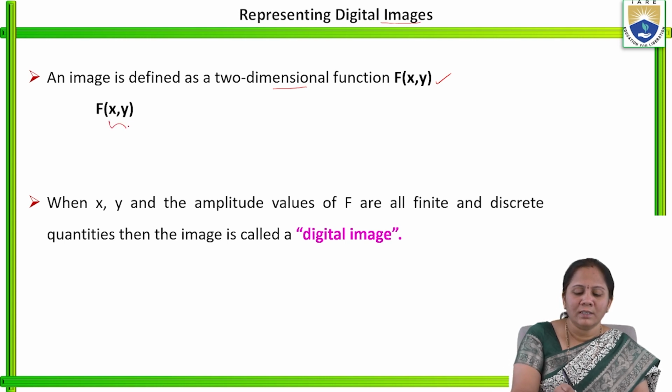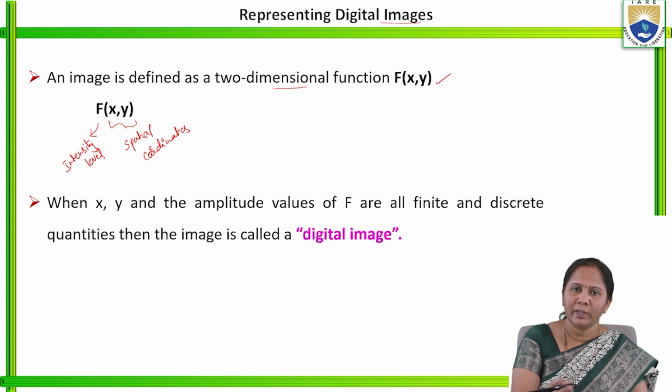Here x and y are called the spatial coordinates, whereas f is called the intensity level, or f can also be called the gray level.